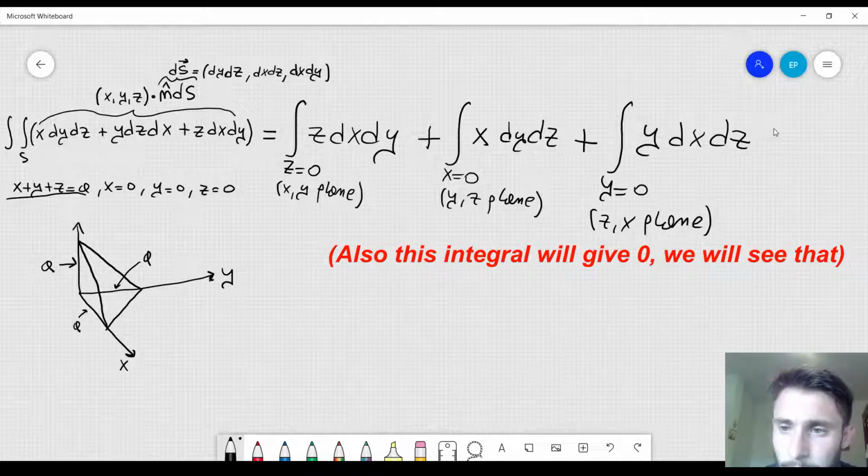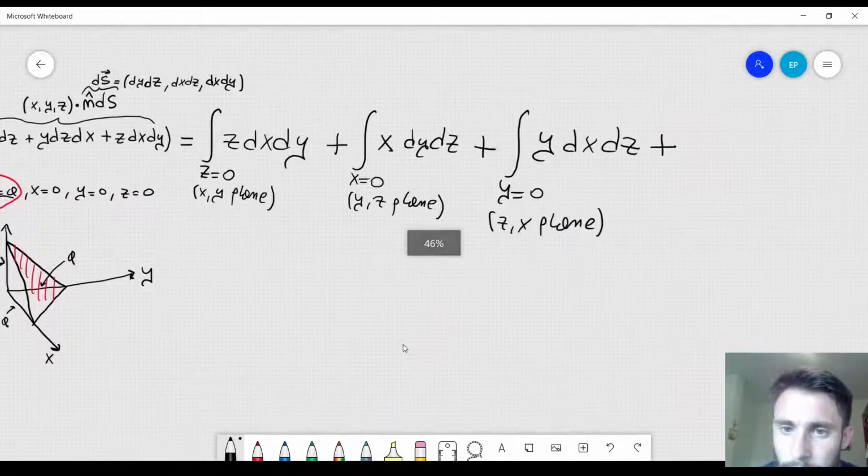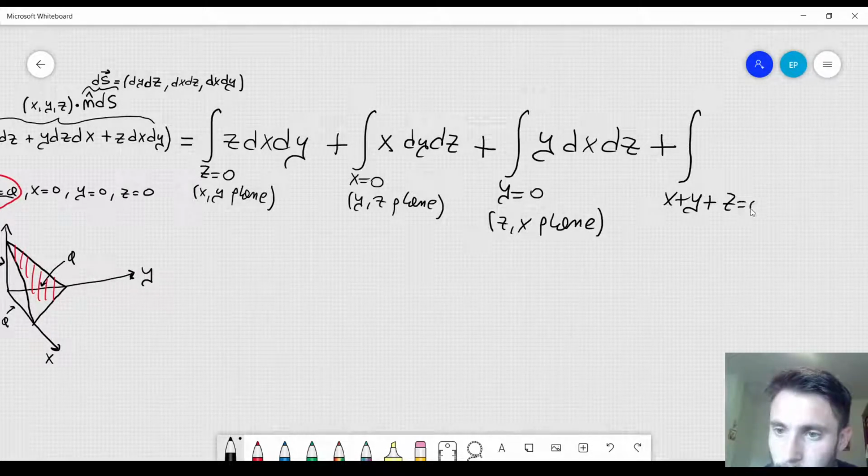And finally, we have to integrate over this plane here, which is this region here. And in that case, we have to be more general, so I will rewrite the integral like this. We have to integrate over the plane x plus y plus z equal to a, and then we have the vector x, y, z dotted with n ds.